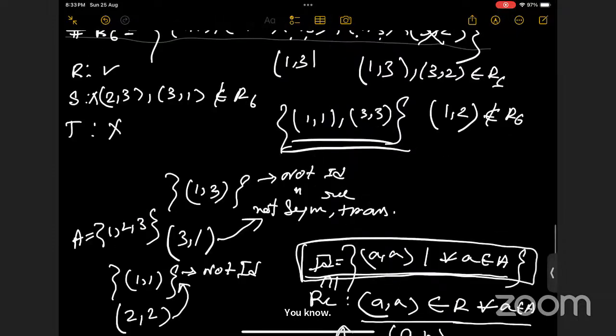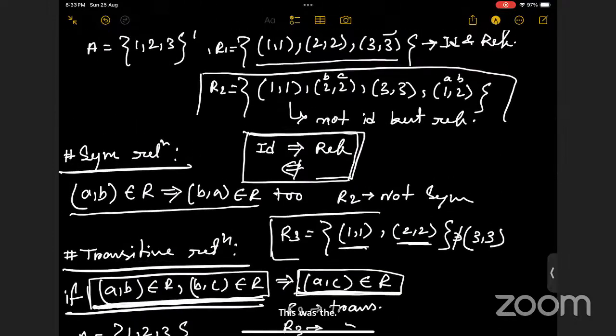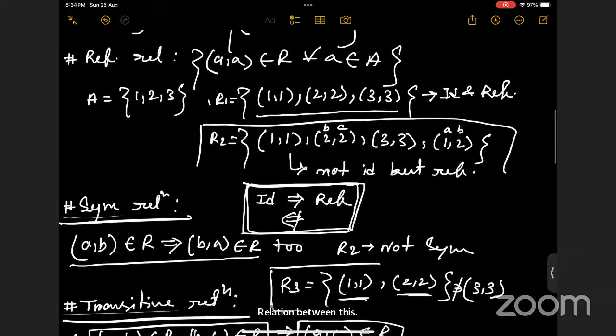This was the relation between them. If it is an identity relation, then it will be a reflexive relation, but not the converse. If it is a reflexive relation, then it may not be an identity relation. Fine? Yes, ma'am. Okay.